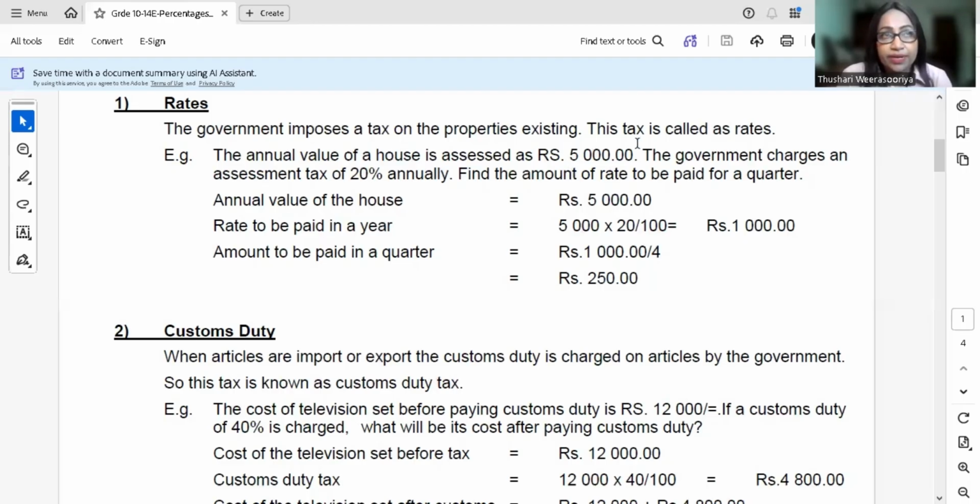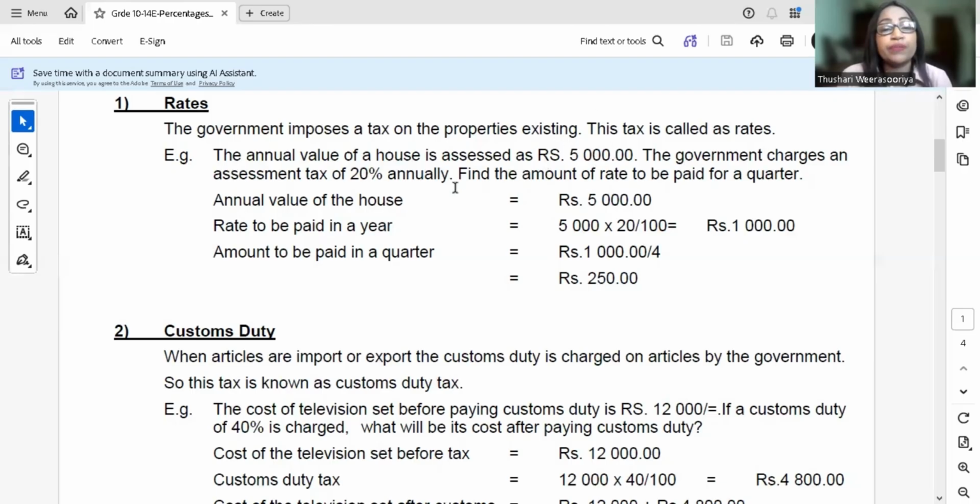That depends, right? They check the house, whether it's a 2-story, 3-story, 4-story house, like that. Whether it's tiled, how many bedrooms are there, how many washrooms are there, like that. They have a special calculation and they give a value to that house. That is called annual value.